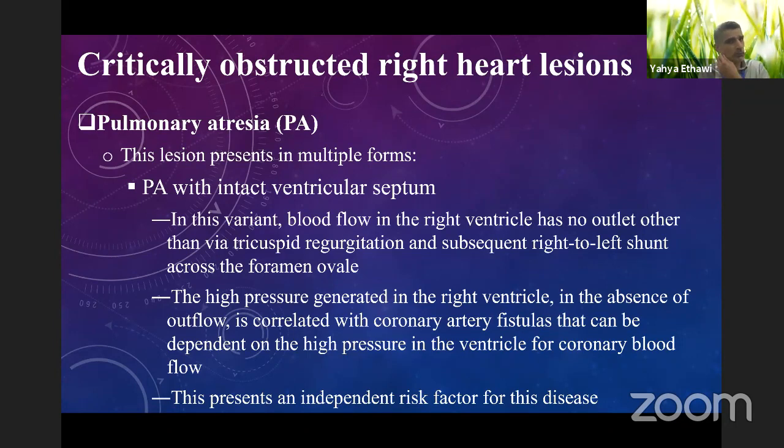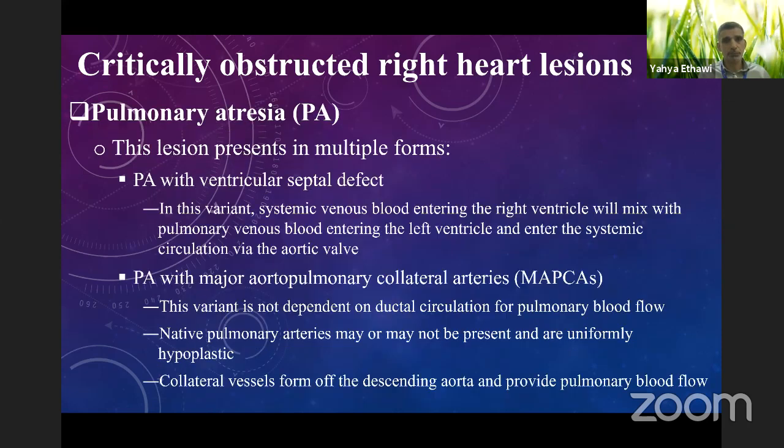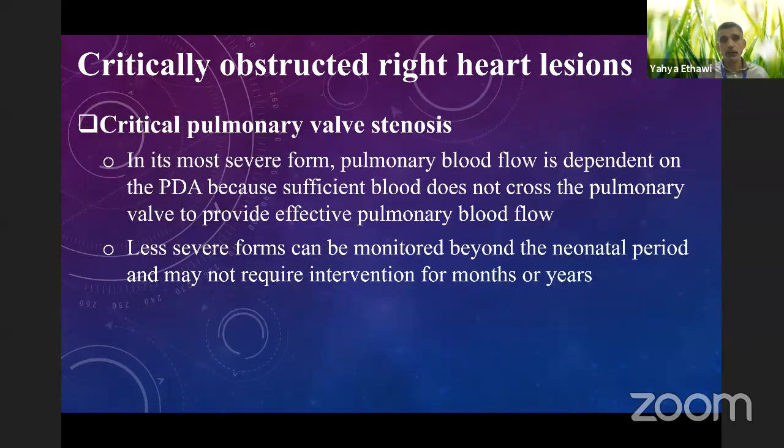There are various types of pulmonary atresia. Sometimes pulmonary atresia is associated with aortopulmonary collaterals that help the shunting, sometimes not. You sometimes have a critical pulmonary valve stenosis, not atresia, but a degree of stenosis of more than 80% will interfere with the gradient.